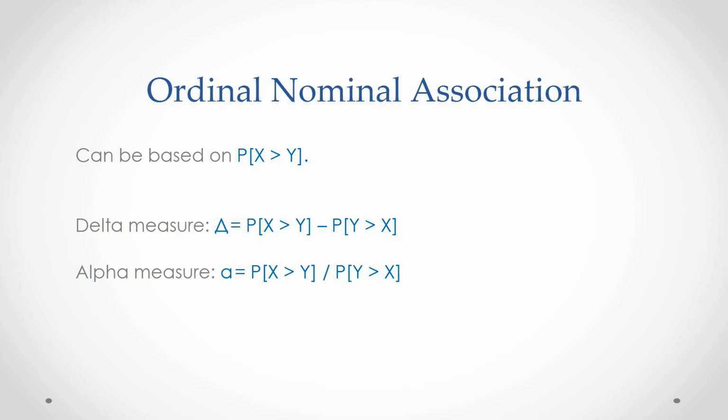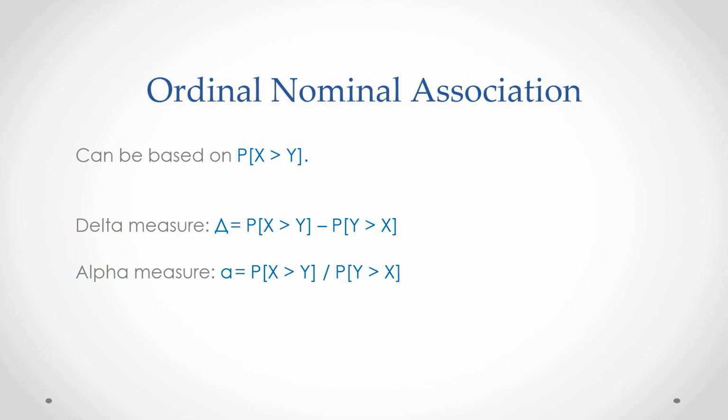Where we assume that x and y are two independent random variables from the two distributions corresponding to the two levels of the nominal variable. So for example, x denotes the satisfaction for men and y denotes the satisfaction for a randomly chosen woman.